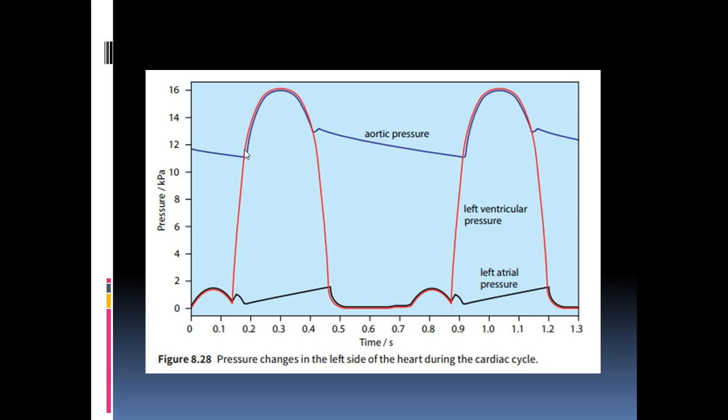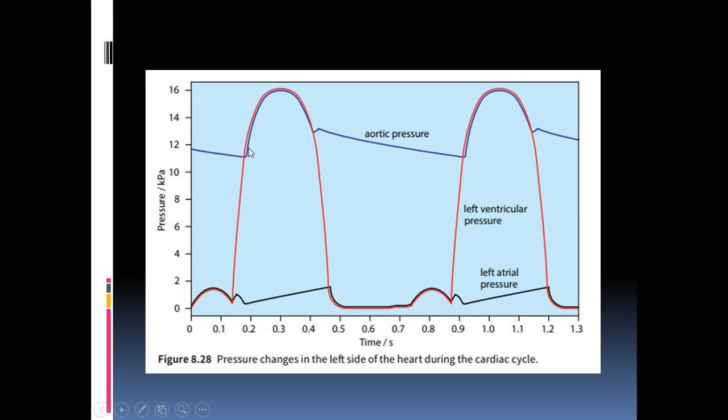Okay, so the blue line represents the pressure changes in the aorta, right? As the pressure builds up in the ventricle due to the ventricular systole, blood will be pushed up into the aorta, and at this particular point, this is when the semilunar valve opens.